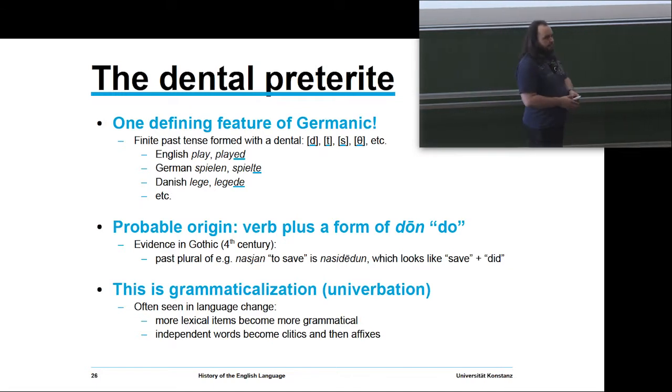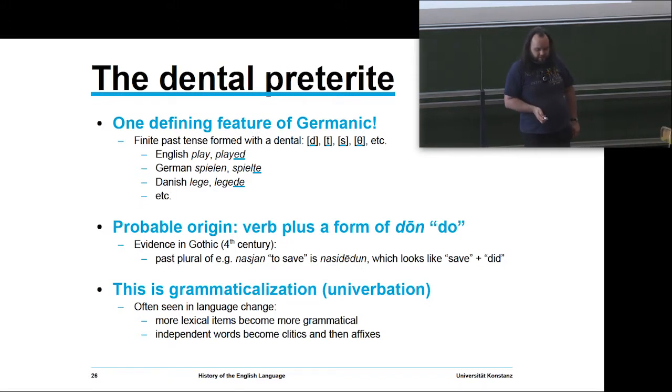And if these two words got glued together, magically sort of stuck together as two separate words becoming a single word, then we can see how this dental preterite might have developed.